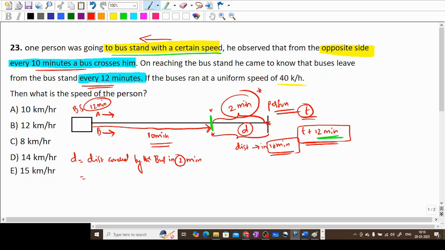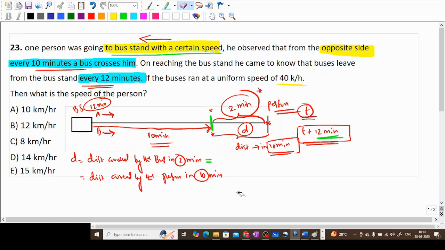Can I also say this is the same distance covered by the person in 10 minutes? So to cover the distance, the bus will take 2 minutes and the person will take 10 minutes. Is it possible to calculate the distance covered by the bus in 2 minutes? Yes, actually. What is the distance covered by the bus in 2 minutes?